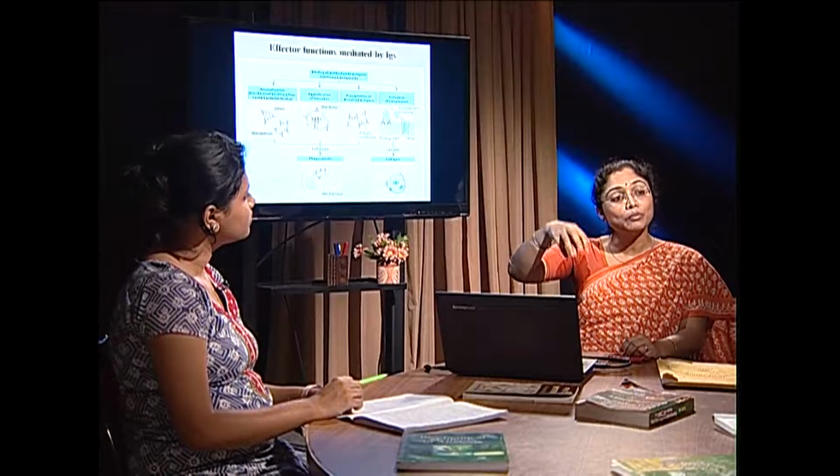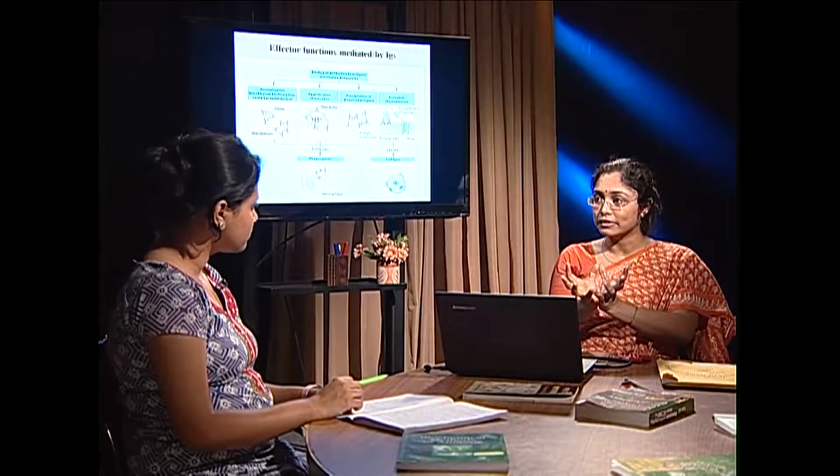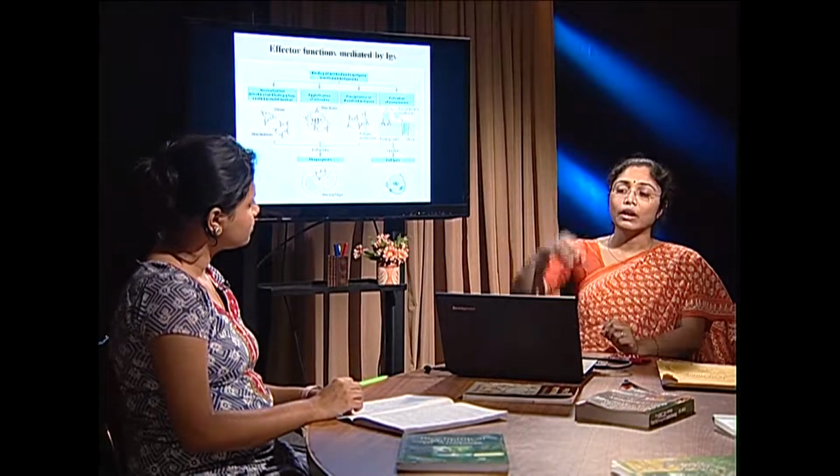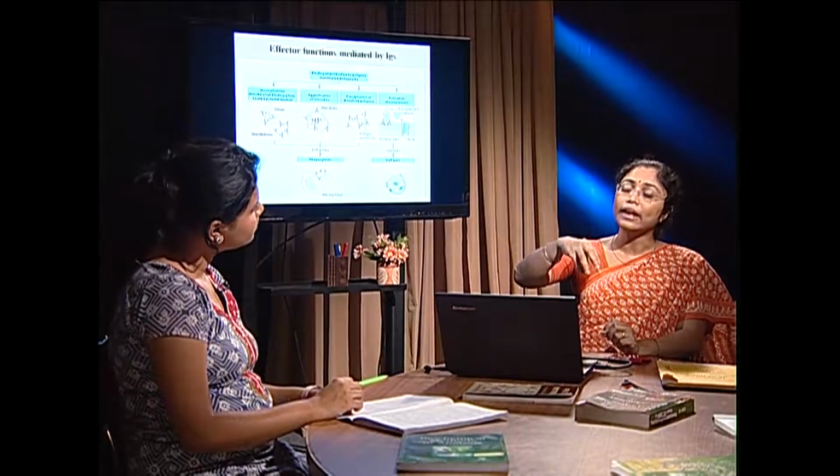Now, complement proteins bind to it and the complement system gets activated. Finally, complement proteins form a pore on the bacterial surface if the antigen is a bacterium, and that pore is called MAC or membrane attack complex, which will lyse the bacterial cell.